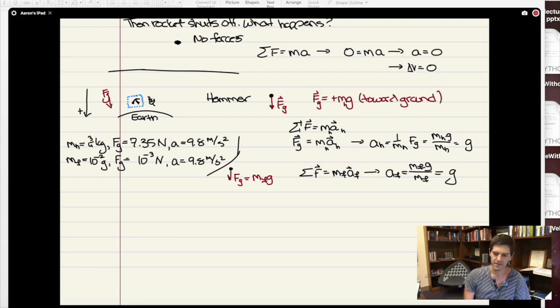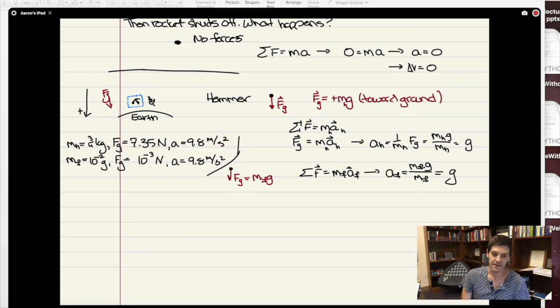So the Earth is pulling by very different amounts on both the feather and the hammer, yet they both fall at the exact same rate, or rather accelerate towards the ground at the exact same rate. So if they were both released from rest, they would both have the same velocities as they travel towards the ground.